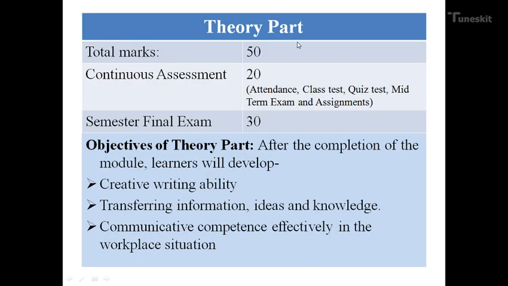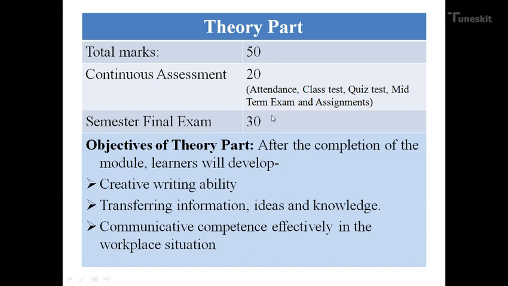Now let us discuss the theory part. In the theory part, total marks is 50. This theory part is divided into two segments. One is continuous assessment. In continuous assessment, there are 20 marks, and in these 20 marks, we will evaluate you through your attendance in the class, class test, quiz test, midterm exam, and assignments.